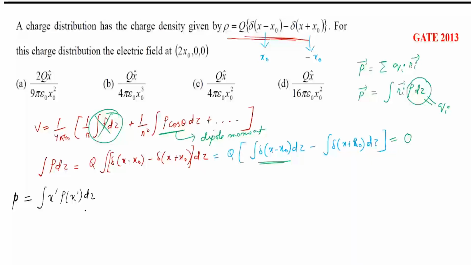Now, if I do this integration, it will look something like this: x minus x naught dx, since it is one dimension, plus x delta x plus x naught dx.